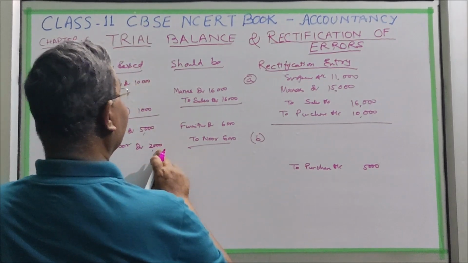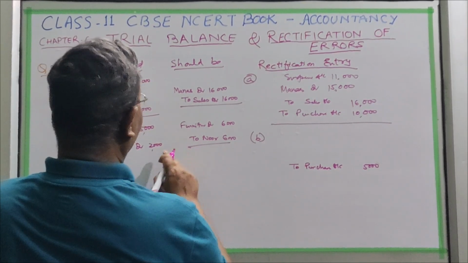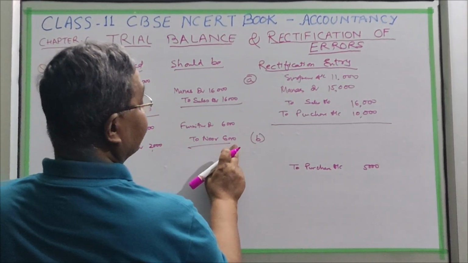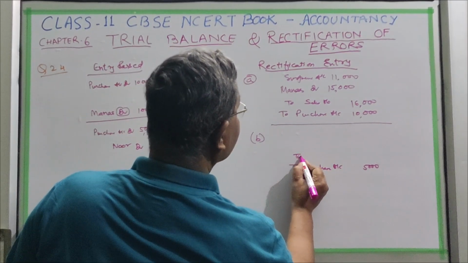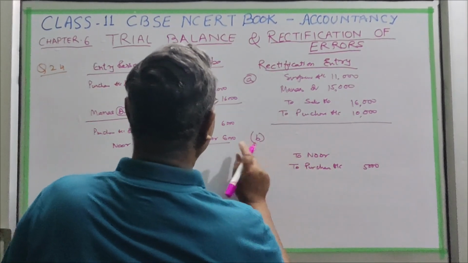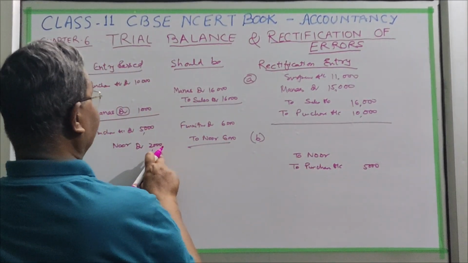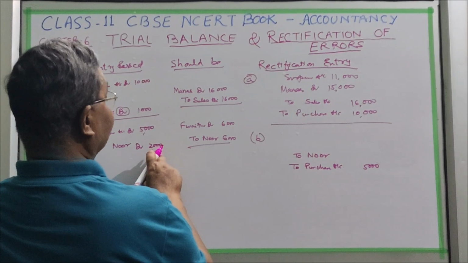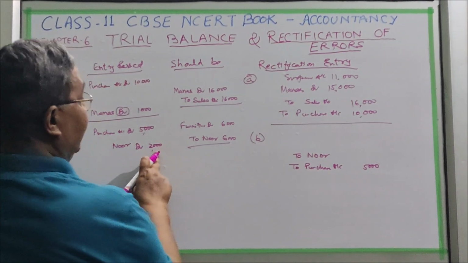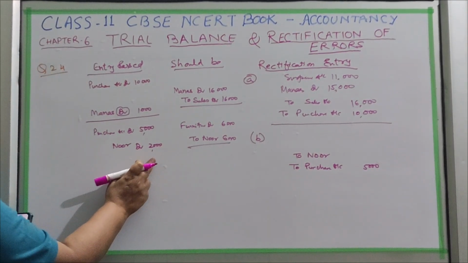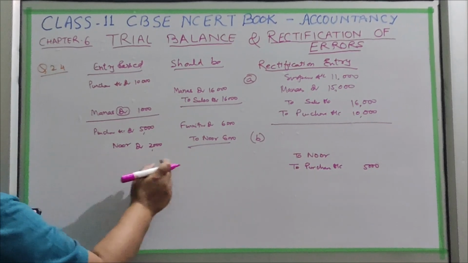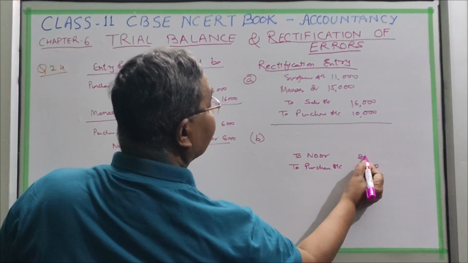Noor should be credited by 2,000 for this and this. So to Noor, this 6,000 and this wrongly debited 2,000. You have to reverse it, for that the credit of 2,000. So here a credit of 6,000 and 2,000, so it will become 8,000.